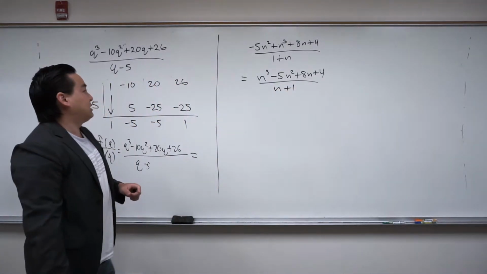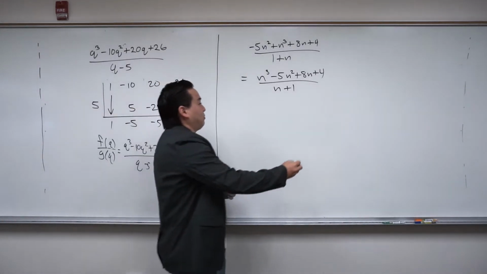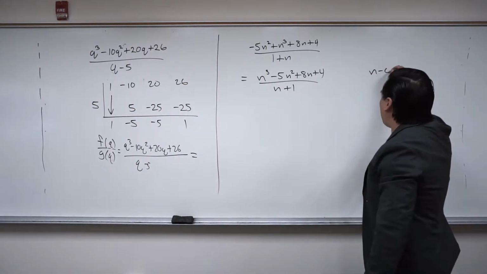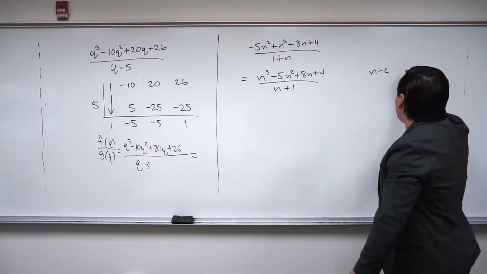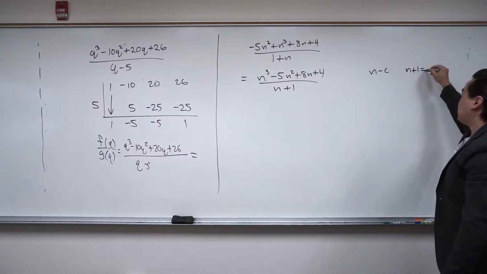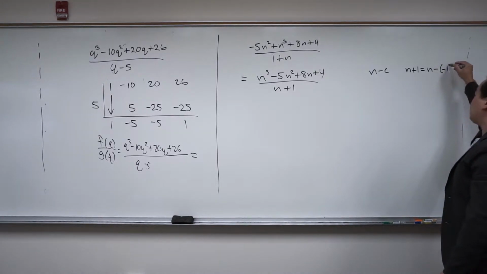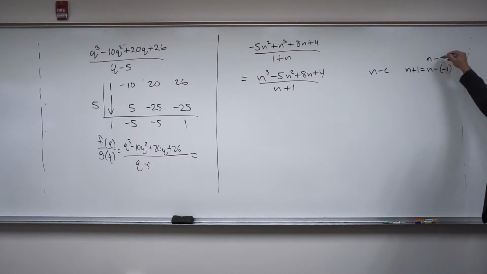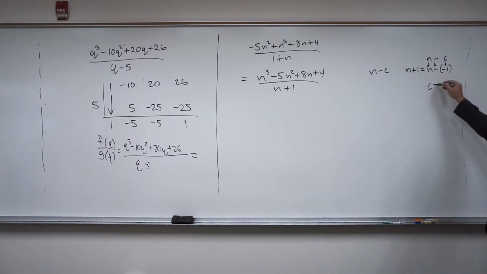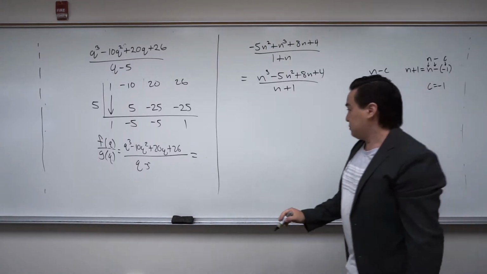So remember, our c value is supposed to be n minus c. So really, what I need to do is convert n plus 1 as n minus negative 1, so that it's in this form, n minus c. So our c value here is actually negative 1.